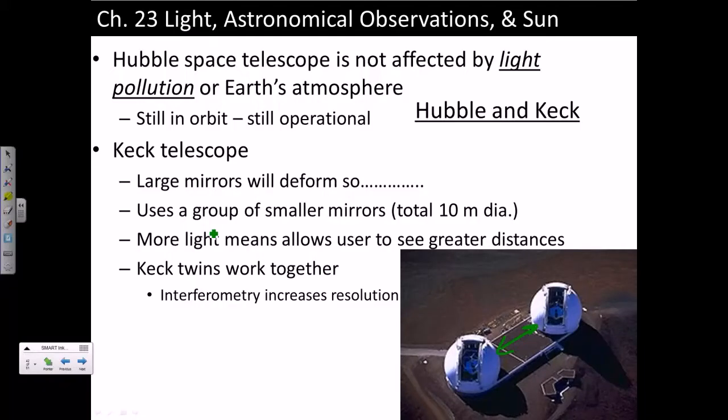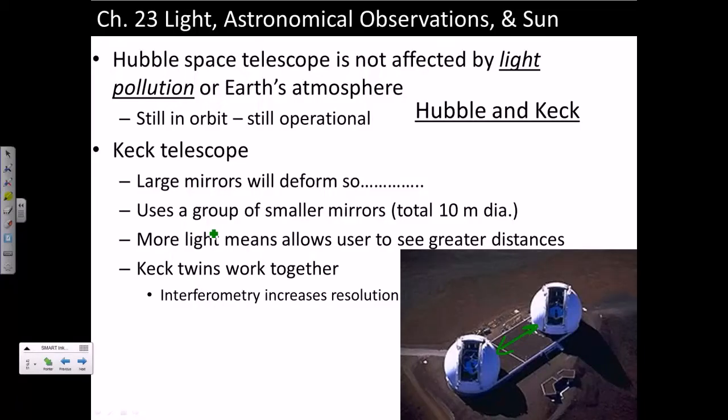This is much bigger than you could grind out with one piece of glass, or whatever the material might be, if it's metal, that's fine too, before it begins to distort. So we use many, many mirrors that are all working together to create a focal point.